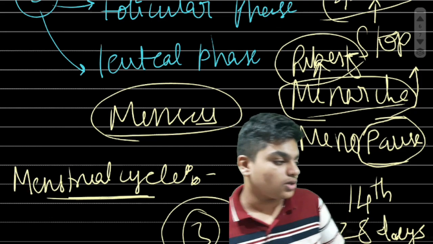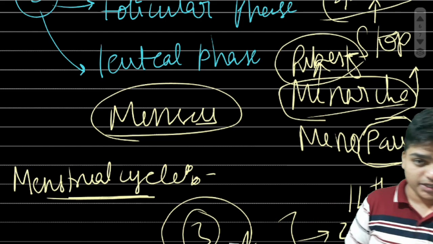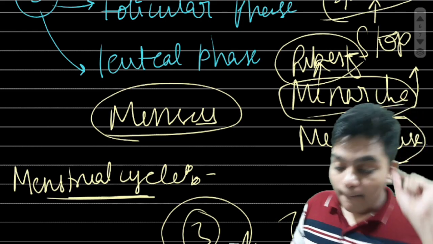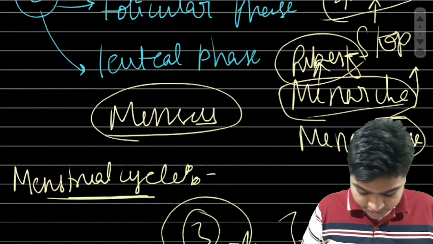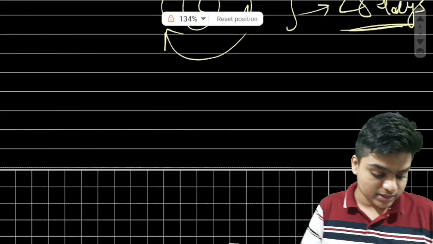Okay, that is your menstrual cycle. This happens generally for 28 days in human females. On the 14th day ovulation takes place, and the egg is released.